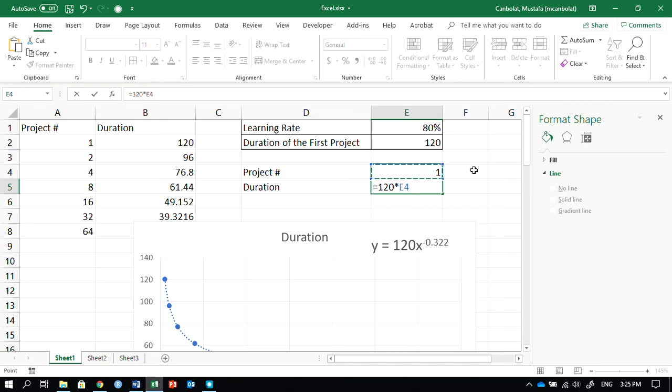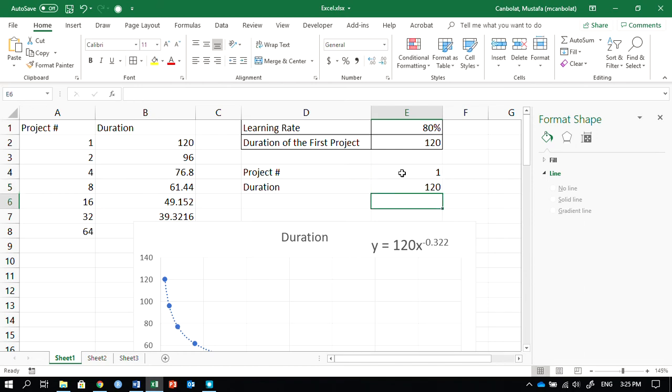So that exponent, now we could maybe put a parenthesis here, negative 0.322. Okay, that's it. So the project number 1 is going to take 120 hours.